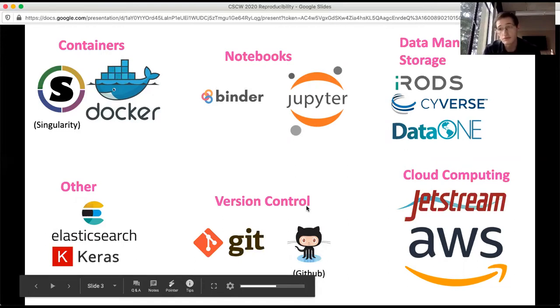There were also a couple of computer scientists as well. And it included things like using the cloud with Amazon Web Services, versioning with Git, Jupyter Notebooks, and containers, which I'll talk about a little bit more.